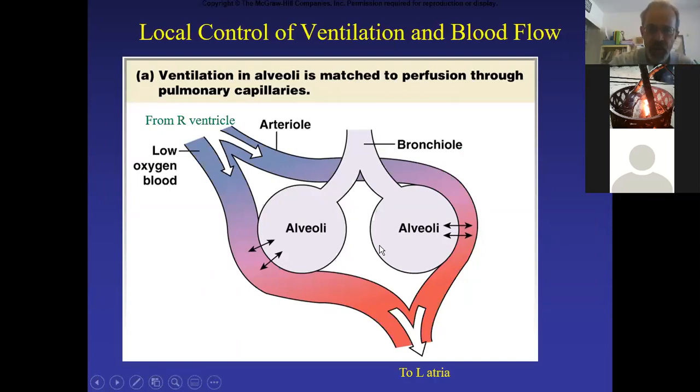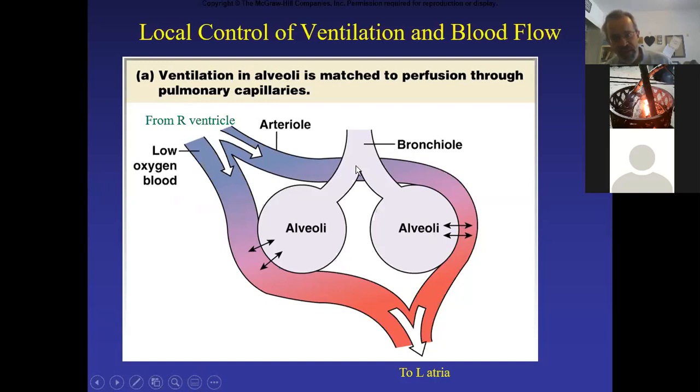Here's a couple alveoli, these sacs. And this is a normal, healthy condition. Remember, blood coming from the right ventricle through the pulmonary arteries is oxygen poor, right? It's bringing deoxygenated blood from the rest of the body. It's coming back low in oxygen.